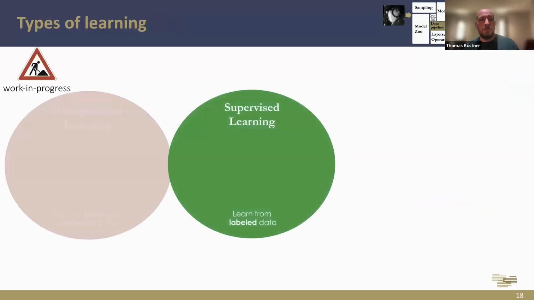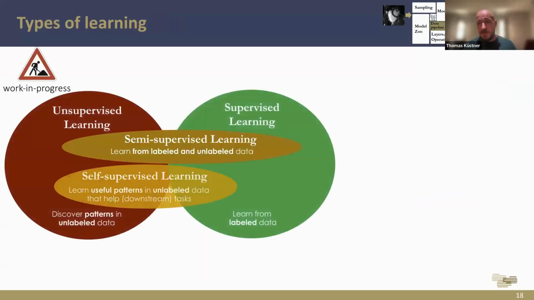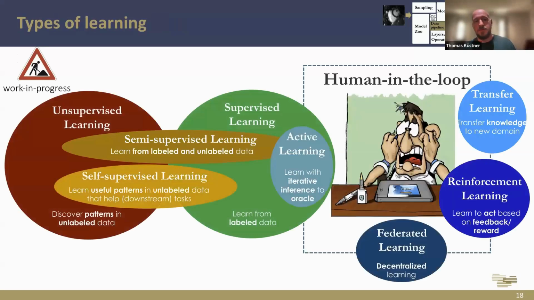Depending on the different learning strategies available, from supervised learning to self-supervised learning, or if you integrate more human in the loop, like active learning, reinforcement learning, or federated learning, all these different flavors are covered by your database pipeline. So it will be a compilation of different applications that increases over time, but again, work in progress at the moment.